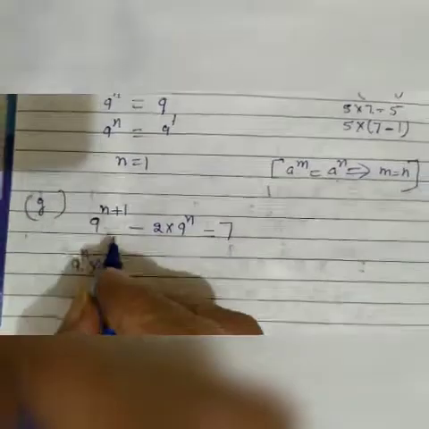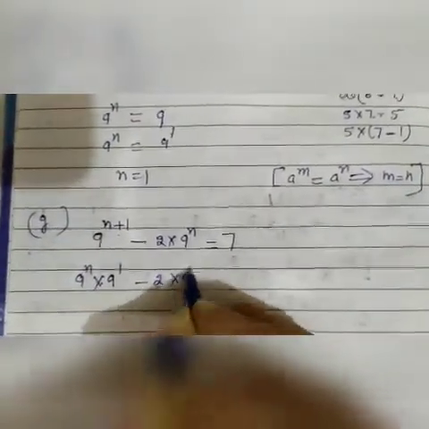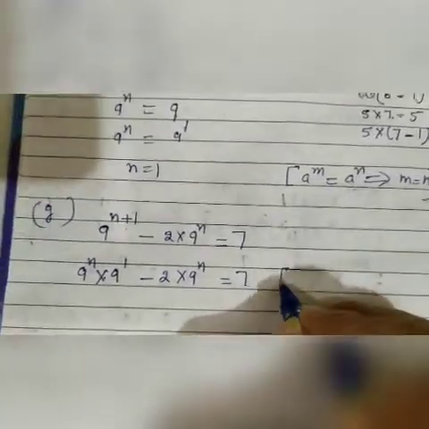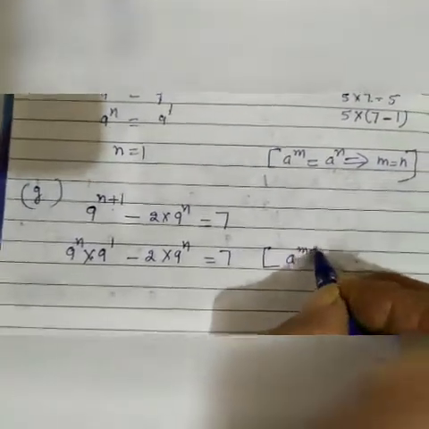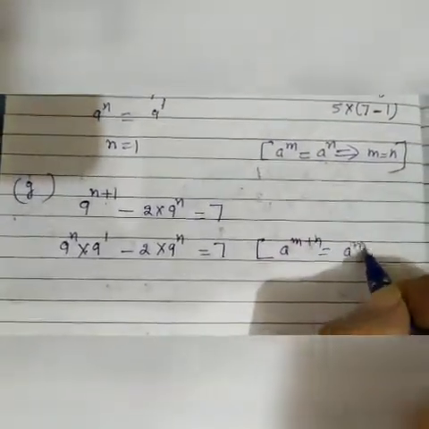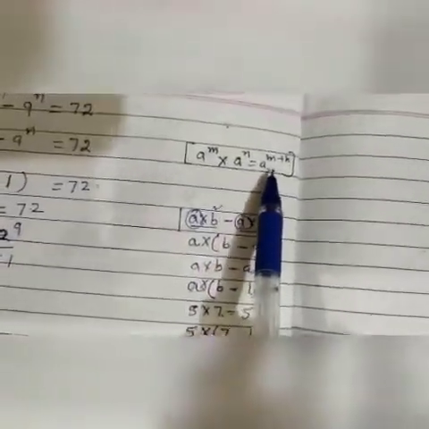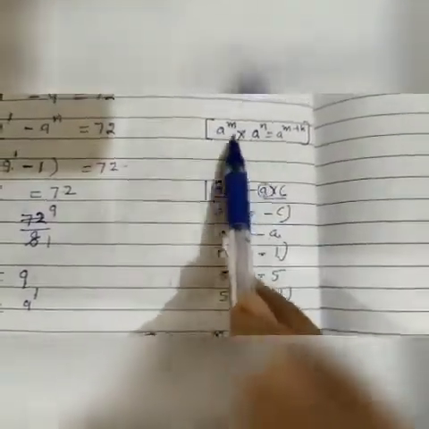This 9 power n into 9 power 1 minus 2 multiply 9 power n is equal to 7. Clear? Which rule have we applied? A power m plus n is equal to a power m into a power n. I have written this law by reversing: this side is written on this side and this side is written on this side.